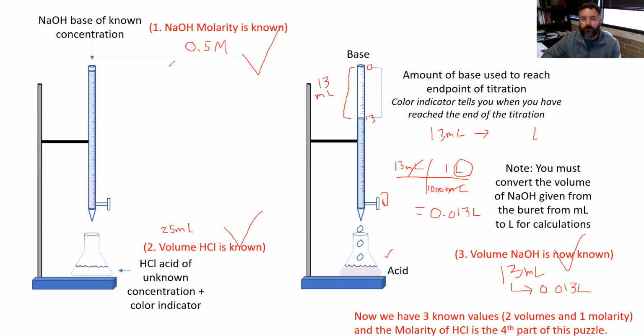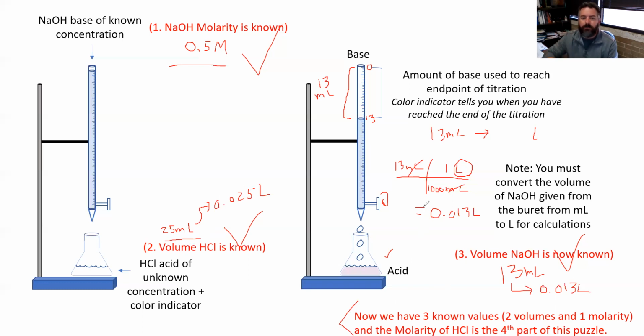We have our initial molarity of our sodium hydroxide. We have our volume of our hydrochloric acid, which again is also going to have to change into liters, so we just do that now. We divide it by 1,000, and we have our volume of sodium hydroxide. So now we have three known values. We actually had to get the third value from the burette, but we have three pieces of the puzzle, and we need four to actually see the big picture.